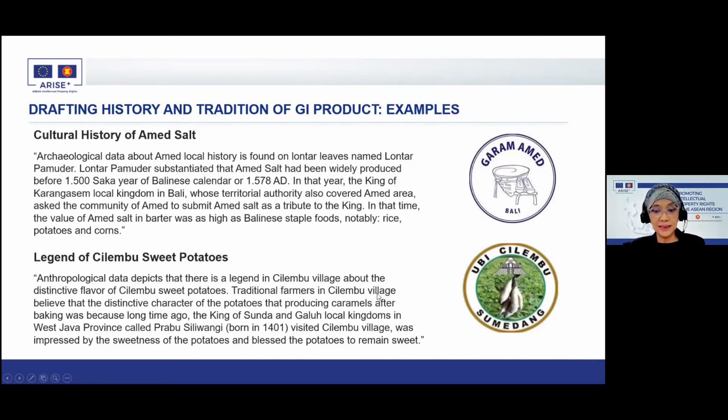Traditional farmers in Chilambo village believe that the distinctive character of the potatoes, producing caramels after baking, was because long time ago, the king of Sunda and Galuh local kingdoms in West Java province called Prabu Siliwangi visited Chilambo village, was impressed by the sweetness of the potatoes and blessed the potatoes to remain sweet.